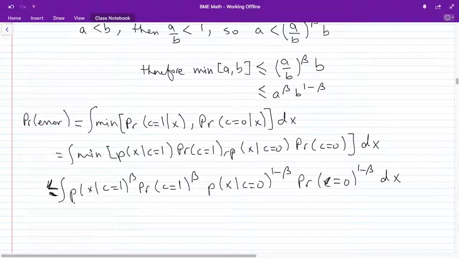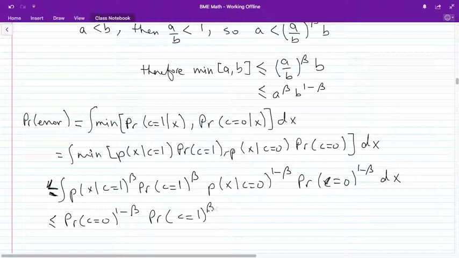So, look, we know the likelihood. We know the prior probability. We know these probabilities. And now what it's saying is that your probability of error is less than or equal to these things that you know raised to some power beta that you don't know, integrated over dx. And so of course this is less than or equal to, these guys don't depend on x, I'm just going to bring them outside the integral: the probability of C equals 0 to the 1 minus beta, the probability of C equals 1 to the beta, times the integral of the likelihoods.